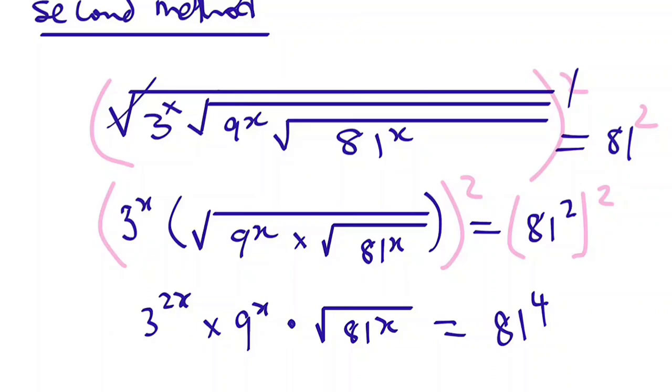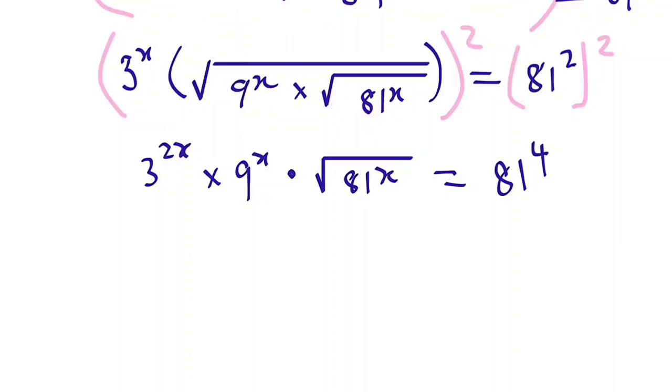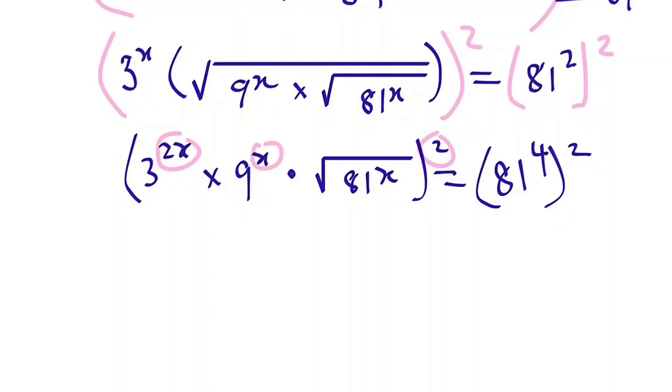Are you getting it? So moving on, the next thing we're going to do, we are still going to square both sides again. Now squaring both sides again, this is what we're going to have. This 2 here also affects this 2 here, and also this one, so product power law.